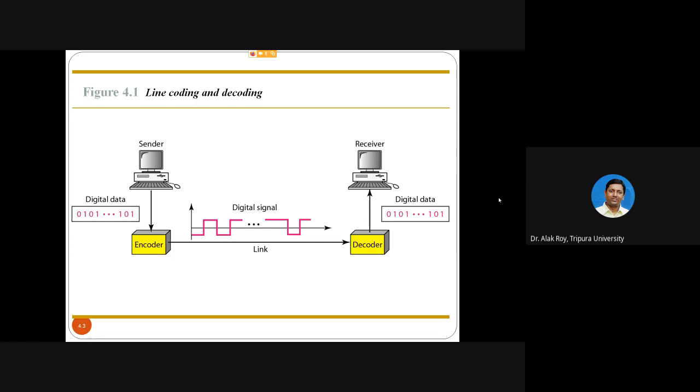Now decoder will decode this signal and convert it to digital data form, which is 0101 binary form. So that digital data will be received by the receiver. So line coding here means converting digital data to digital signal.